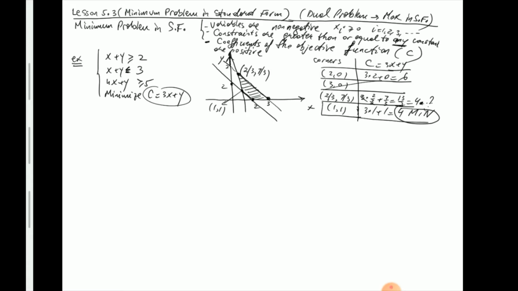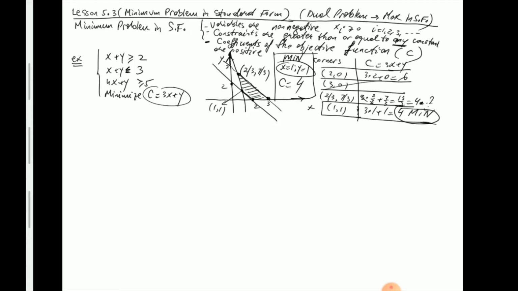Keep this in mind because this is what I want to focus on as we move on to the simplex method. The minimum is attained for x equals 1, y equals 1, and the minimum cost function for that value is going to be 4. So the minimum value of c is 4, attained for x equals 1, y equals 1.